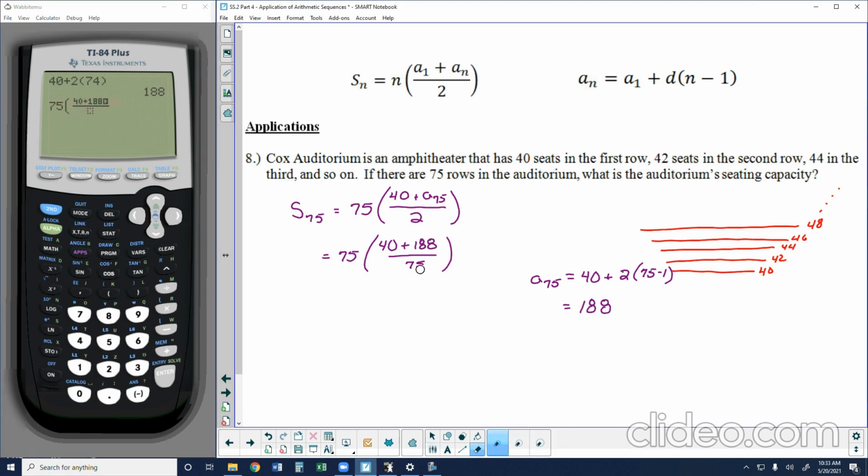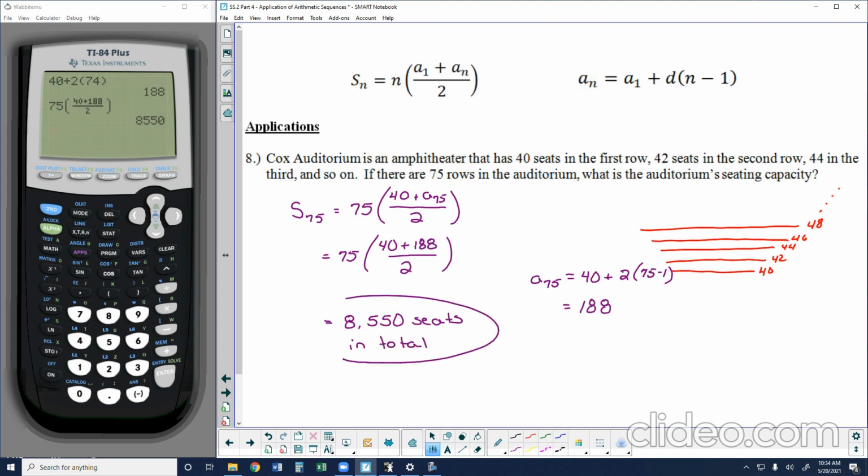I wrote this down incorrectly, so hopefully you noticed that there. This number in the denominator should actually be 2. And this gives us the total number of seats. So there are 8,550 seats in total. And so that would be the seating capacity.